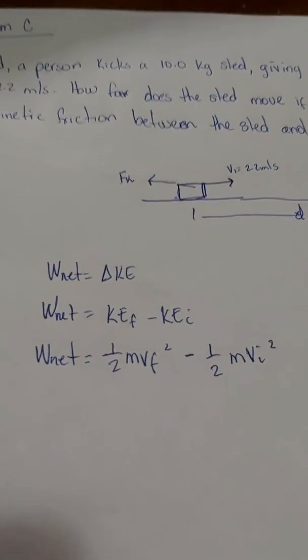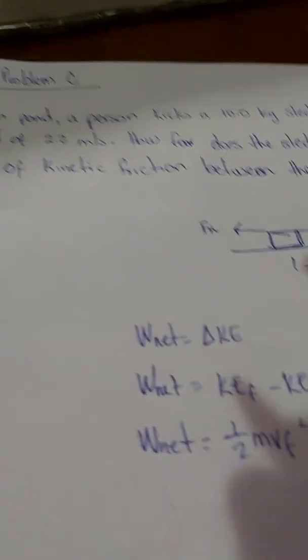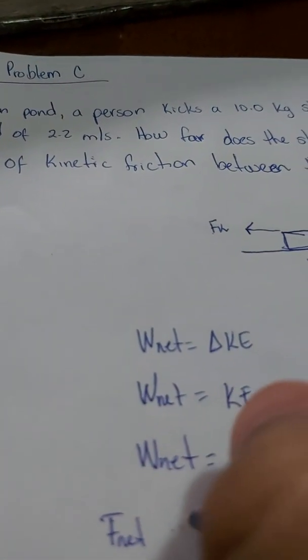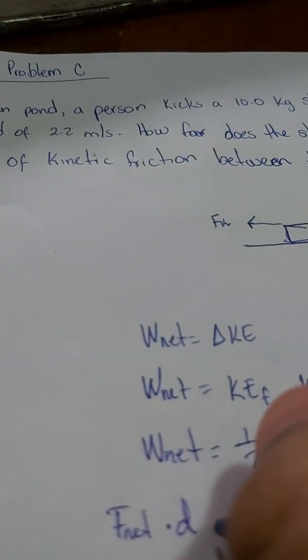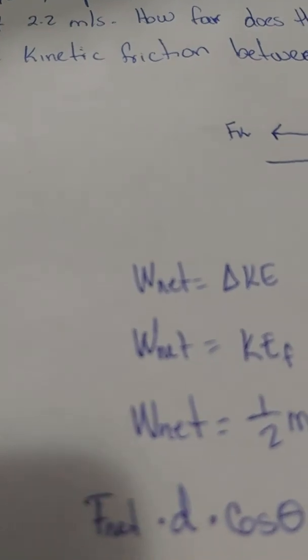But we're looking for the distance. Here's where we said that we're going to use this formula for net work. So we're going to substitute. Instead of writing net work, we're going to write net force times displacement times cosine of theta.